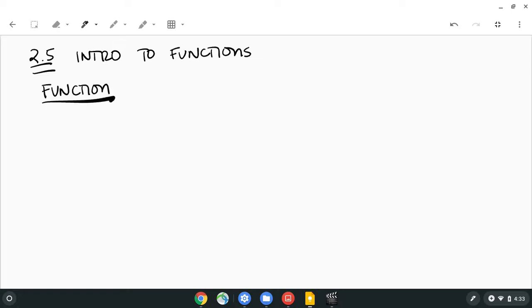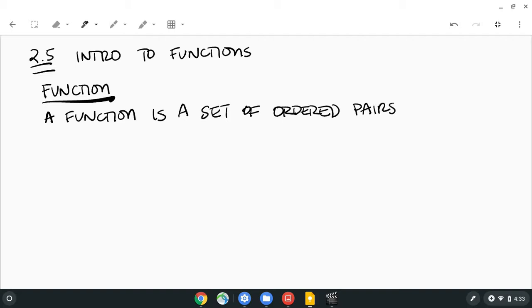Okay, so 2.5, Intro to Functions. All right, so let's start off with this fancy definition of what a function is. So a function is a set of ordered pairs. So it's an ordered pair, so it has a first component and a second component.